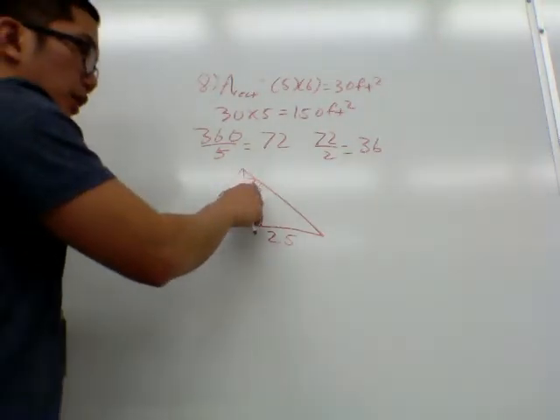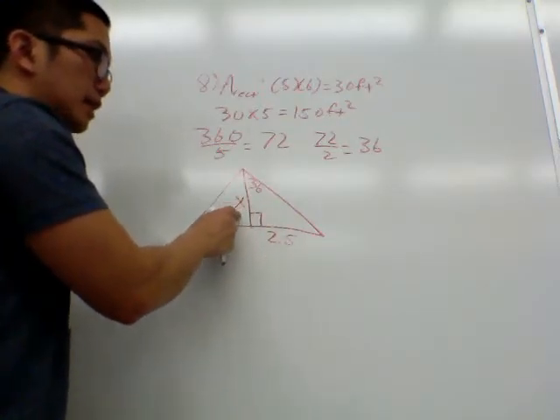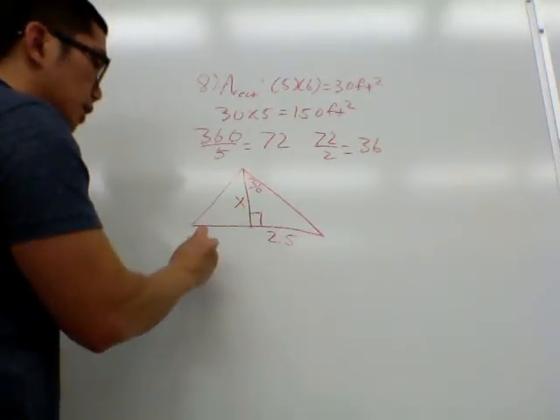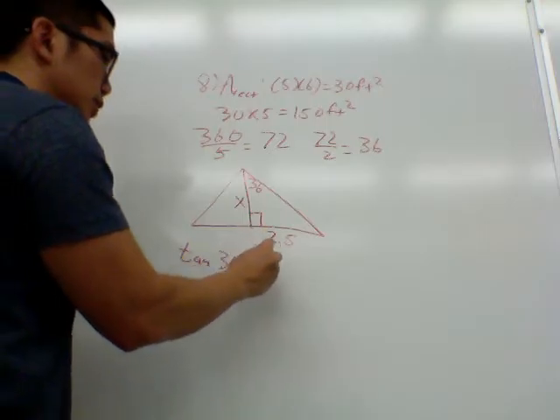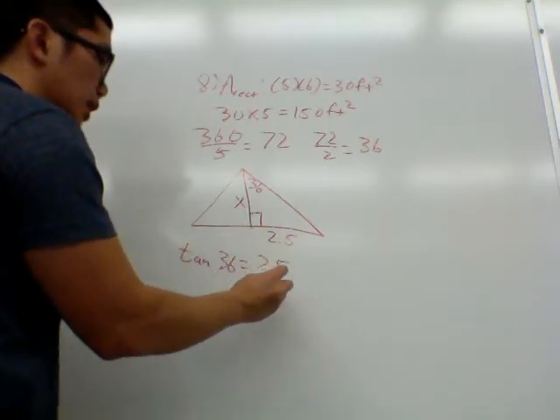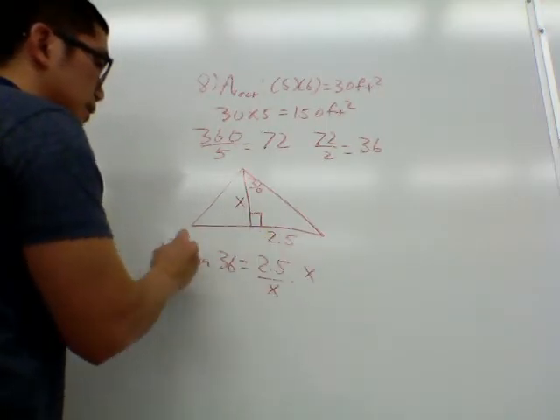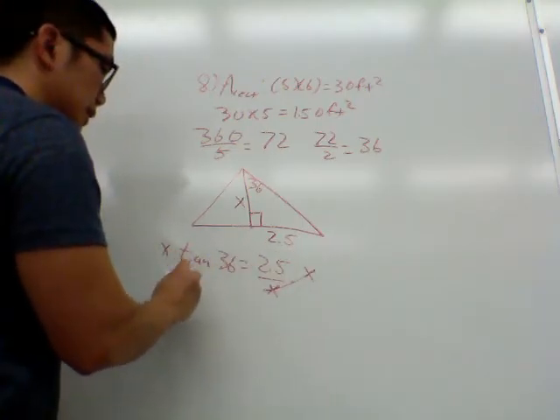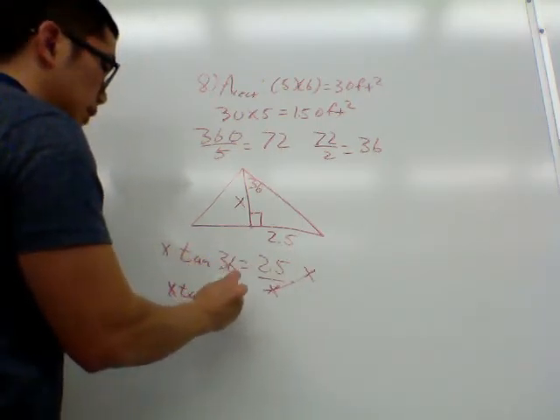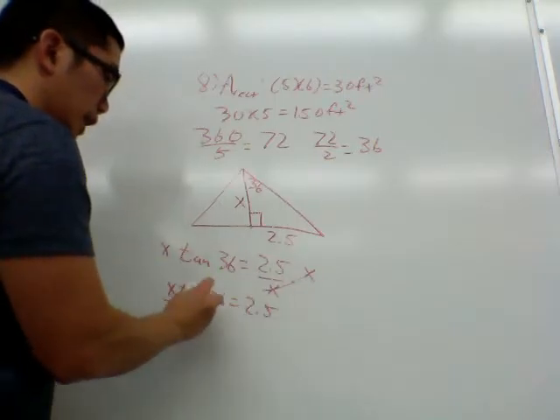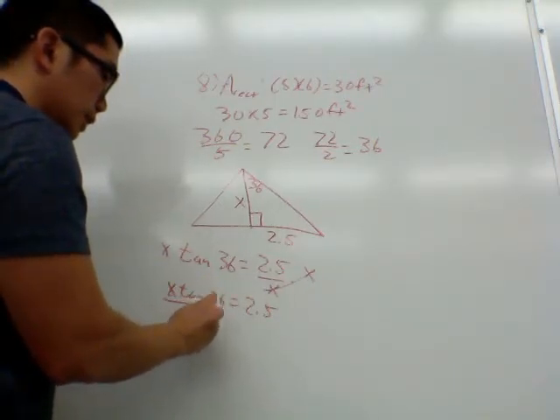So now the 2.5 is opposite, the x is adjacent, so I'm going to do tan of 36 is equal to 2.5 over x. Multiply both sides by x, and get x tan 36 is equal to 2.5. I divide both sides by tan of 36.